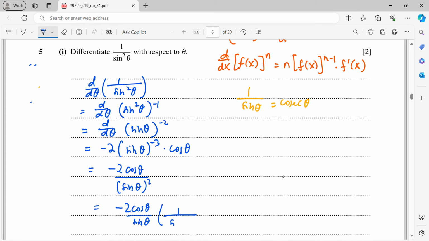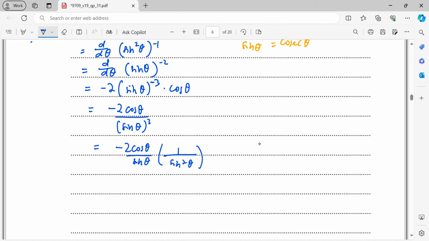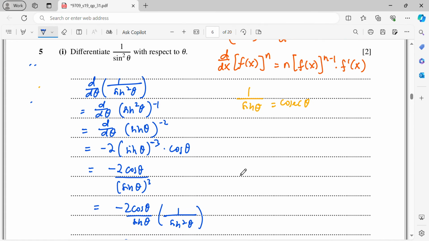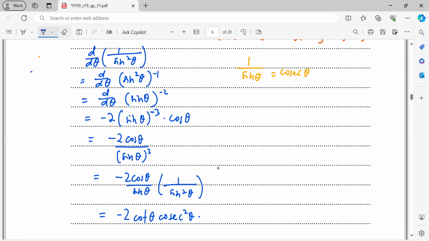So you can express in any form. Then cos over sine is basically cotangent. So this is simplified into -2 cot theta. Then 1 over sine will be cosec, so cosec squared theta. So you can either leave your answer in this form or the last form. So this is the differentiation.